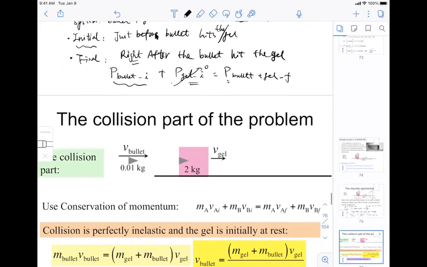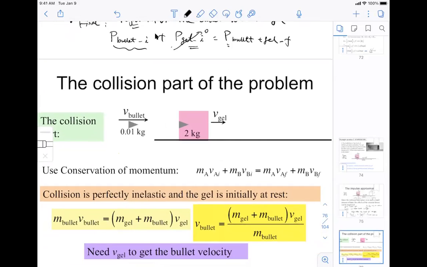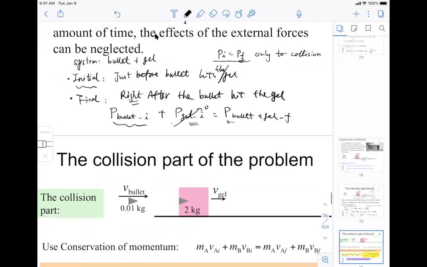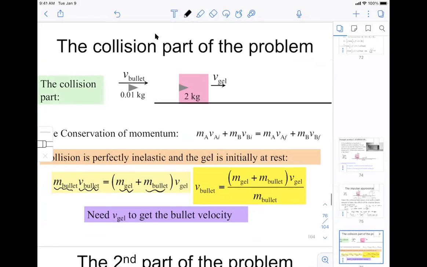Momentum is mass times velocity, so you can see the left-hand side becomes m bullet times velocity of the bullet, equal to the gel and bullet together after the collision. They're together, so you use the total mass, and they have the same final velocity. That's why you use both the masses times the velocity of the gel, which is both the bullet and gel together right after collision.